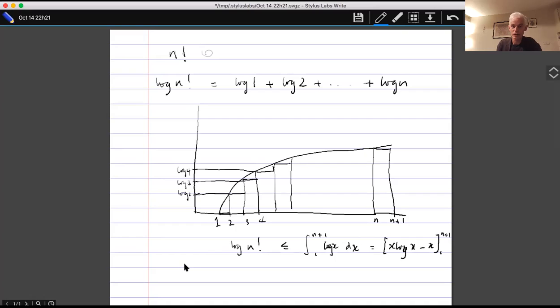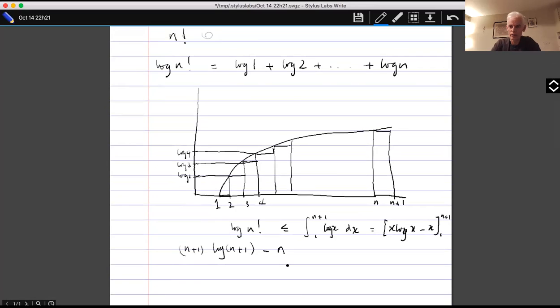And so we get n plus 1 log of n plus 1, minus, well, we get 0 for that, and then minus n plus 1 plus 1, so minus n.